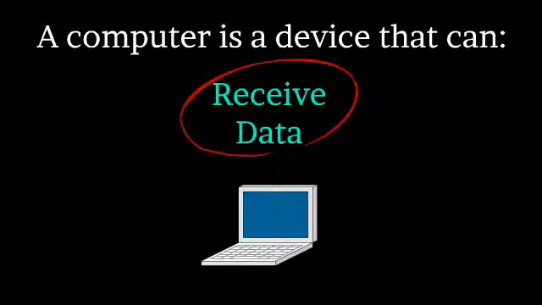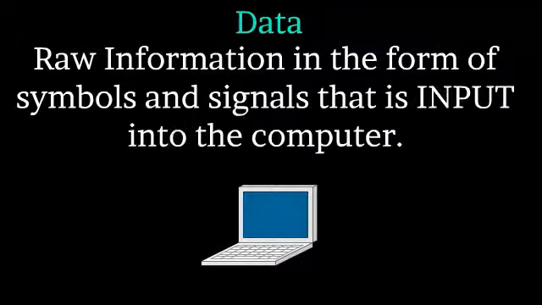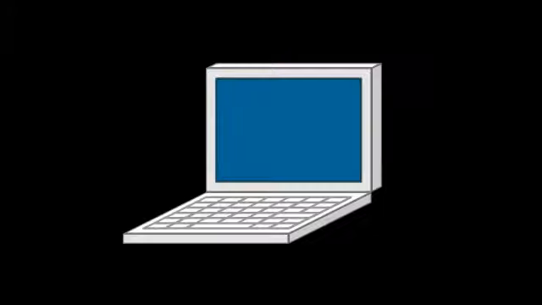So, a computer is a device that can receive data. What do we mean by data? Data is any raw information in the form of symbols and signals that is input into the computer.